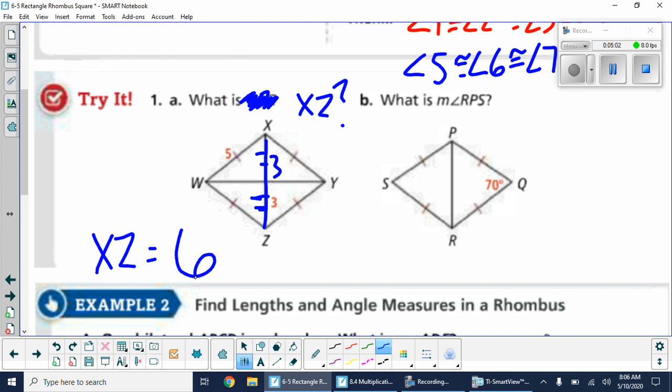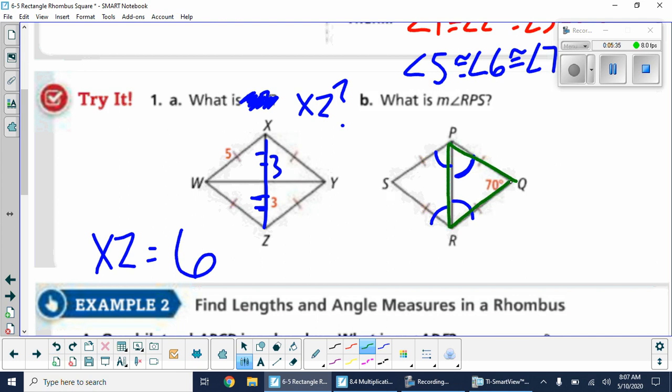It says, what is the measure of angle RPS? RPS, that's this angle right there. Well, one thing we know is that that's the same as that angle. And like we talked about above, these angles are all the same also. So we're going to look at this as one triangle right here. If we can figure out what one of those little blue arc angles is, then we'll be able to figure out what all of them are.